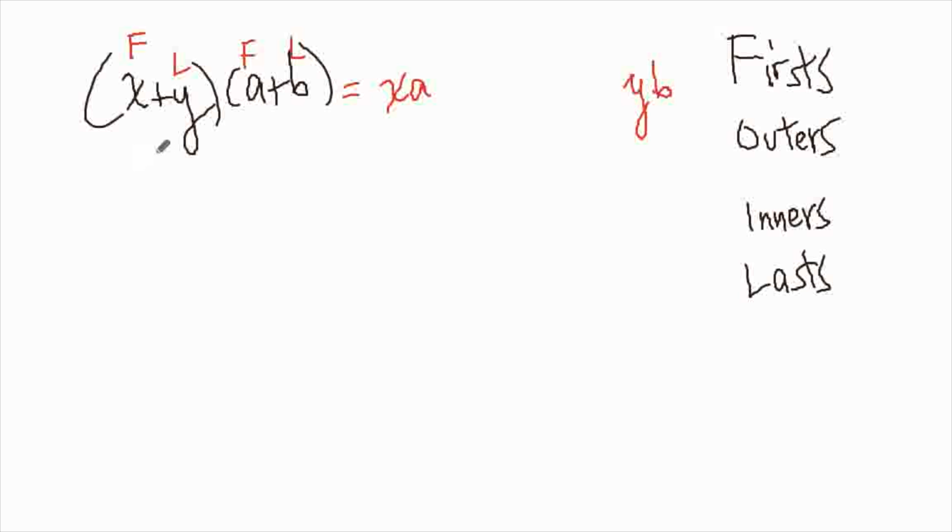The outers have to do with the extreme left and the extreme right. So these right here are the outers because they are on the edges of the whole shebang, the farthest to the left and the farthest to the right. So those are the O's, and that gives us an xb. And then the inners are the guys that are not on the edges, on the extreme right and extreme left.